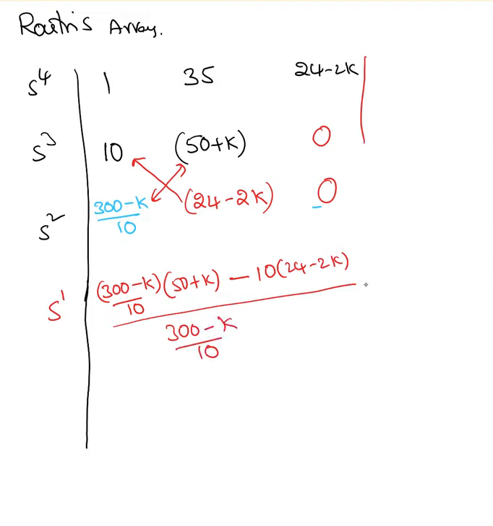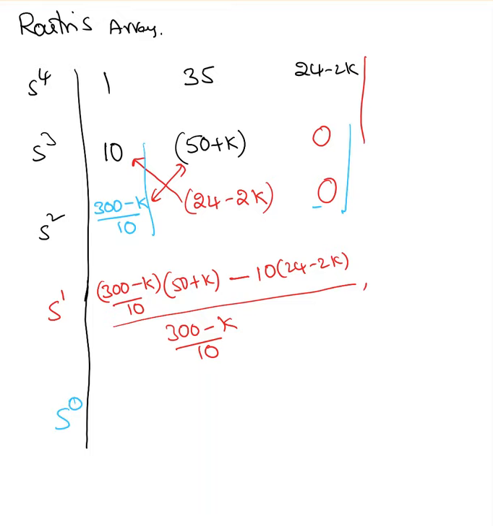We don't have any next element. The next element is going to be 0 because you're going to use these two and these two, so since I have a 0 element in this column, the second element here, s to the power of 1, equals 0.